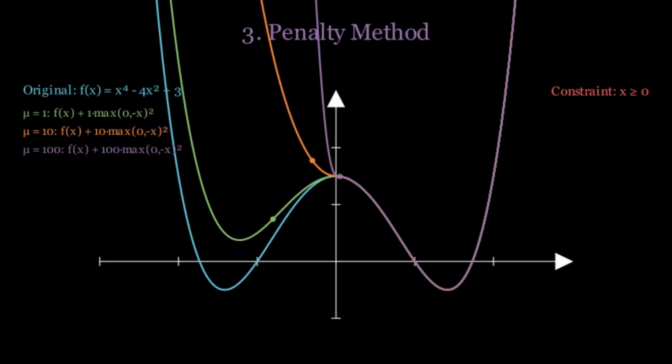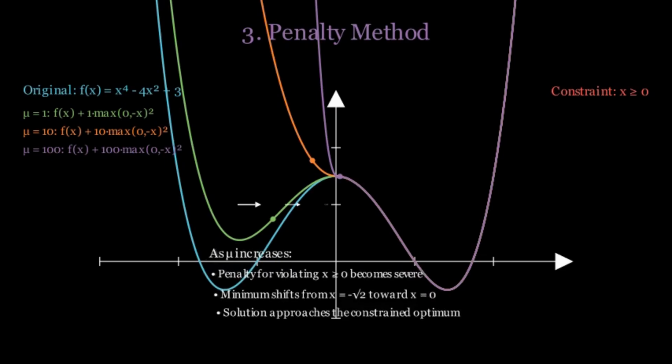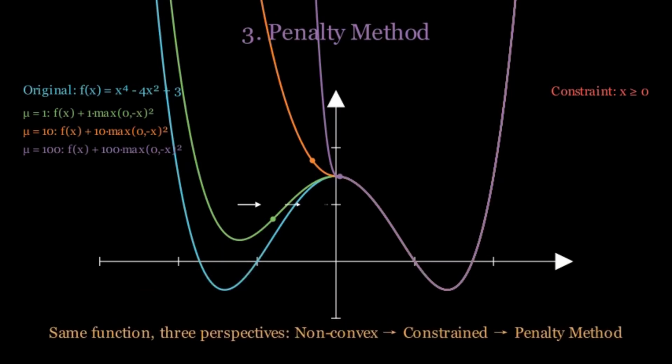See these arrows? They show how increasing the penalty parameter progressively moves our solution from the unconstrained optimum towards the constraint boundary. As mu approaches infinity, we approach the true constrained solution. The penalty method brilliantly converts our constrained problem into a series of unconstrained problems that converge to the right solution.